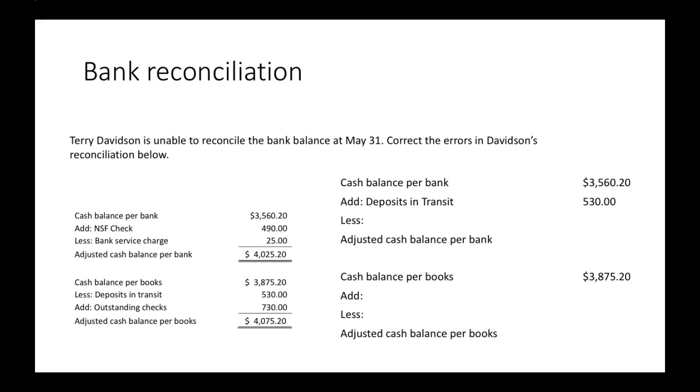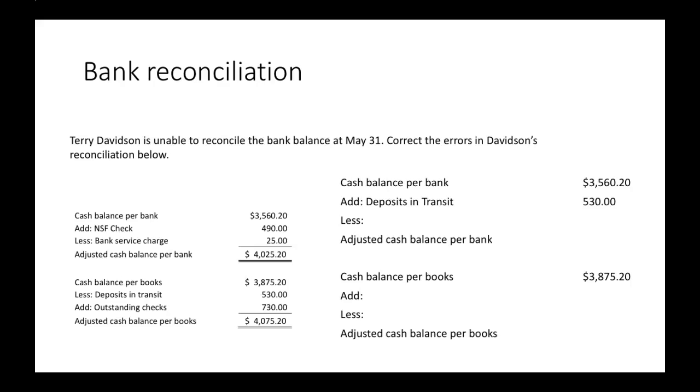But once you gave it to the bank, they realized that customer doesn't have the money, right? They tried to get that money and the check bounced. So the bank already knows about that. They were the one that discovered that there weren't enough funds in your customer's account, right? So the bank already knows, so we don't need to make this adjustment to the per bank side.